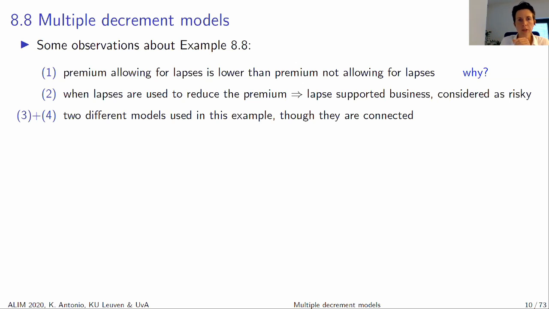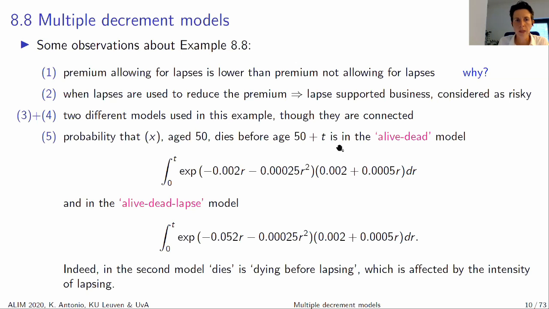And as we already saw in the example, we've got two different models used here, but they are connected. Here we see that working in the alive-dead model, we're going to do the calculation to calculate the probability that X would die before reaching age 50 plus T. And we would do it like this.